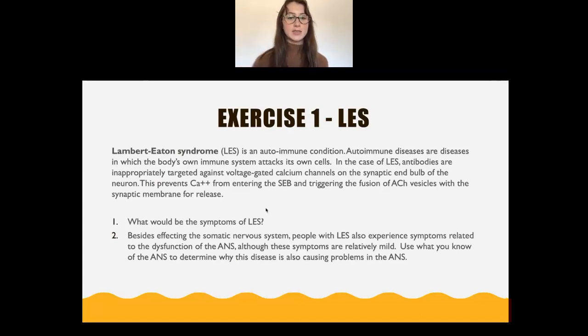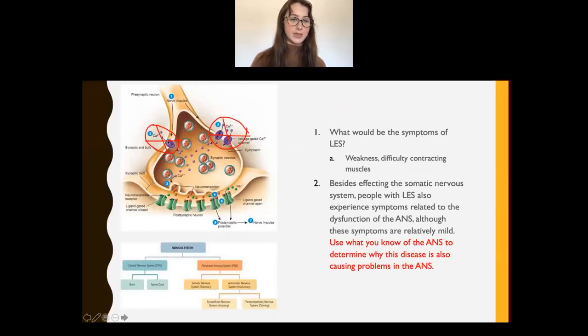A couple of questions to answer here. Number 1, what would be the symptoms of LES? If we think about our neuromuscular junction, we know that LES antibodies are inappropriately targeted against those voltage-gated calcium channels on the synaptic end bulb of a neuron. So if calcium isn't able to come into the neuron, I have drawn circles and X's around these voltage-gated calcium channels.